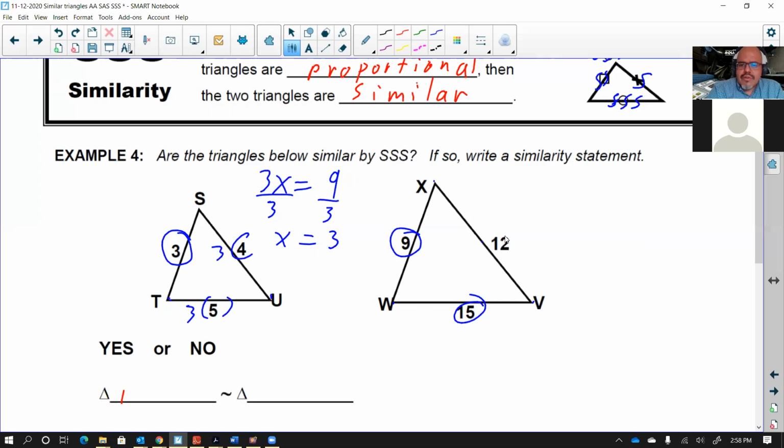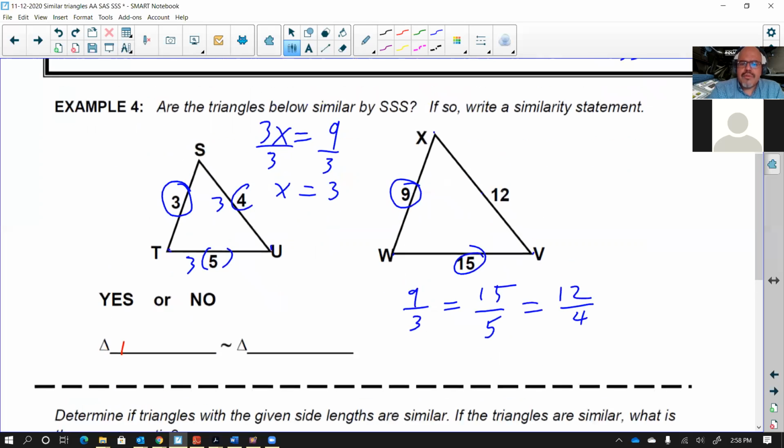Or you can check it the other way. You can take 9 divided by 3 and see if that's equal to 15 divided by 5, and see if that's equal to 12 divided by 4. All of them come out to be 3 over 1. Those are the 2 different ways you can do this.